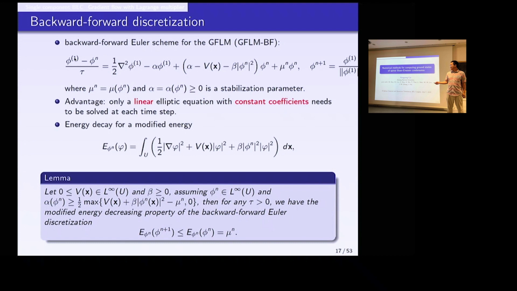So what we usually do is, because now we can choose whatever discretization we want: for the kinetic part, we do the implicit way, and for the other terms, do it fully explicit, and then we add some stabilization to remove the time step constraints. So once we do this, at each time step, we only need to solve a constant coefficient Poisson equation, so it can be done very efficiently.